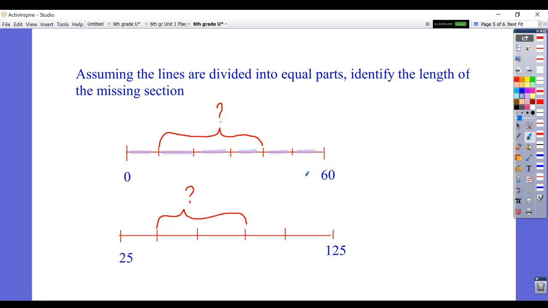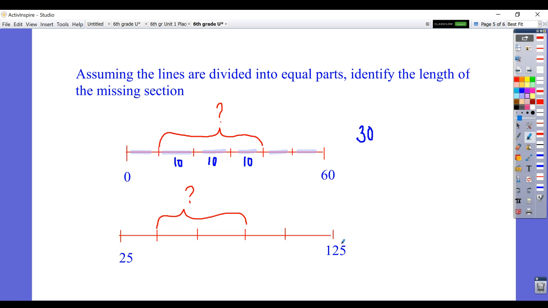So 0 to 60, and there are 6 spaces. So that means each space or each section must be 10, because 60 divided by 6 is 10. So if we have 3 sections in this bracketed area, 3 times 10 means the length of that would be 30.